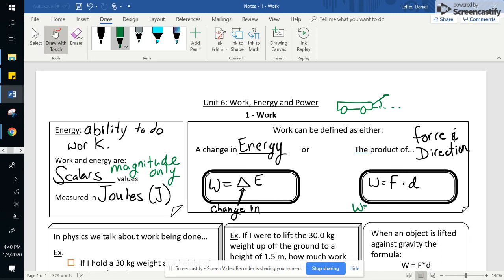It's going to be work equals force times the cosine of some angle times your distance. Technically, you're doing the same thing up here, but the cosine disappears. If you take cosine of 0, it should be 1, so it kind of makes itself disappear. So we don't end up using it.